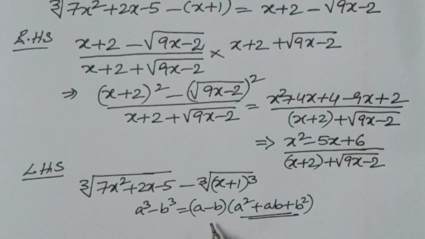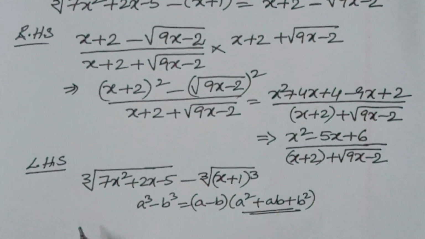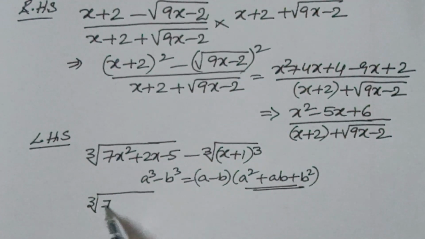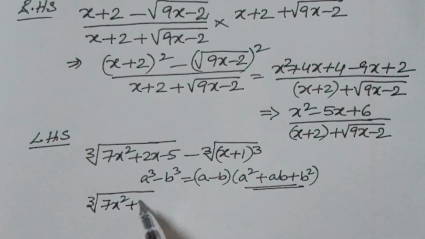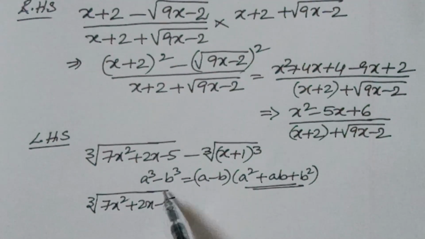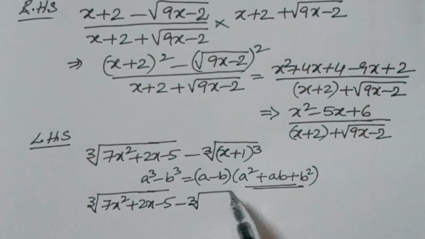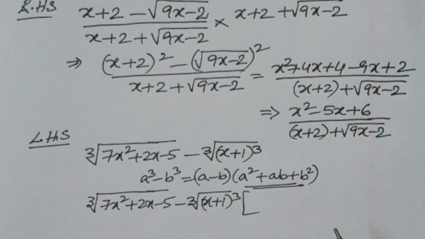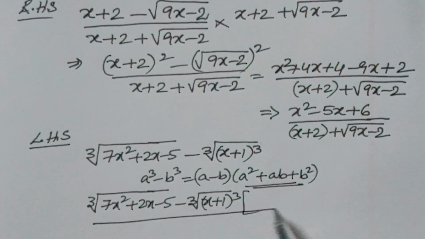So here cube root of 7x square plus 2x minus 5 minus cube root of x plus 1 whole cube into, that I will write afterwards.